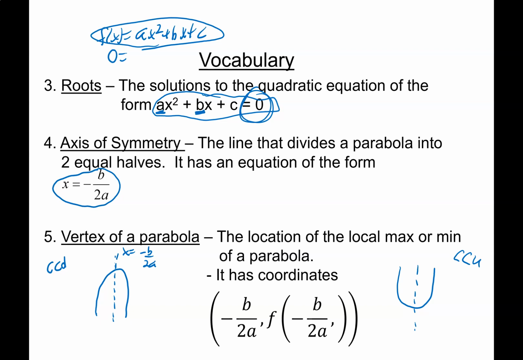Now what's cool about that is this. This location here on this parabola, you might have heard it called before a local or a relative maximum. Whereas the one that's concave up, I would call a local minimum.